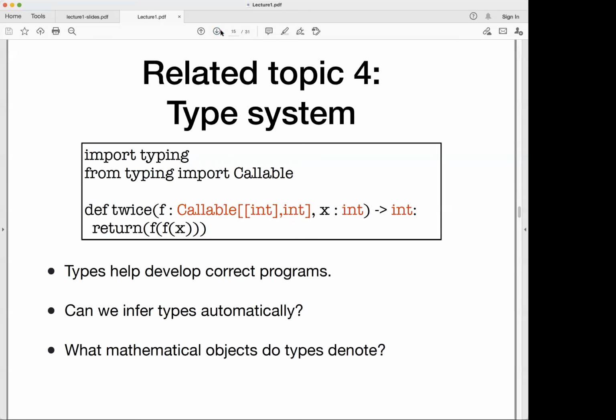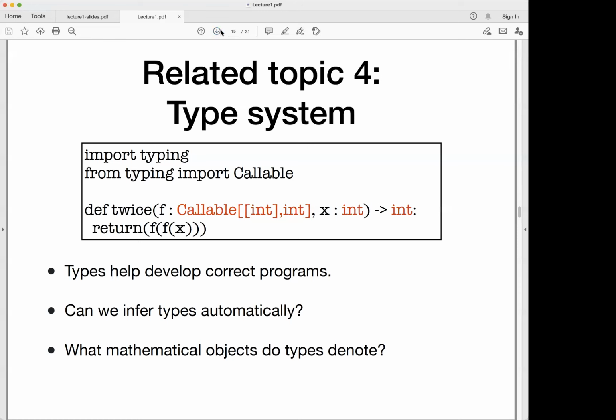But then ideally we want most programming languages to have types, but there are programming languages that do not include types. That's because sometimes programmers have to write type annotations, and some programmers hate it.